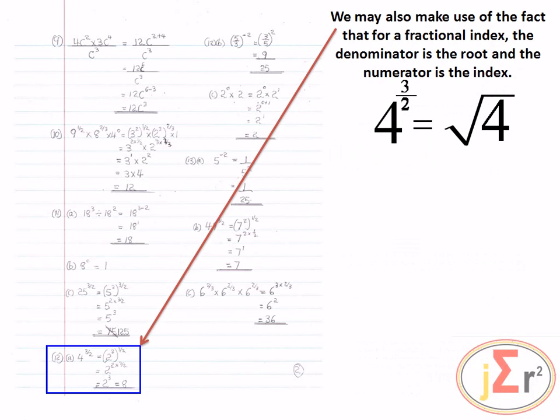We may also make use of the fact that for a fractional index, we are taking the analogy also to the second attempt in solving the problem. So we are also making use of the fact that for a fractional index, the denominator is the root and the numerator is the index.